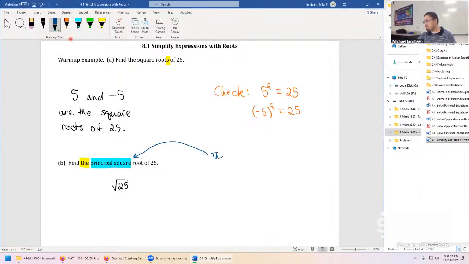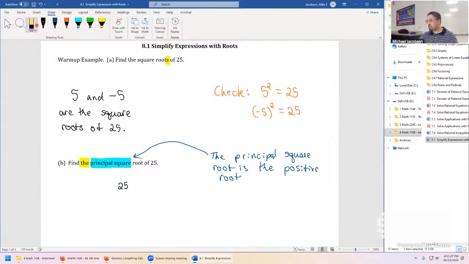The principal root, let's say the principal square root, is the positive root. And we indicate the principal square root, like we said, whenever we put in the square root symbol.